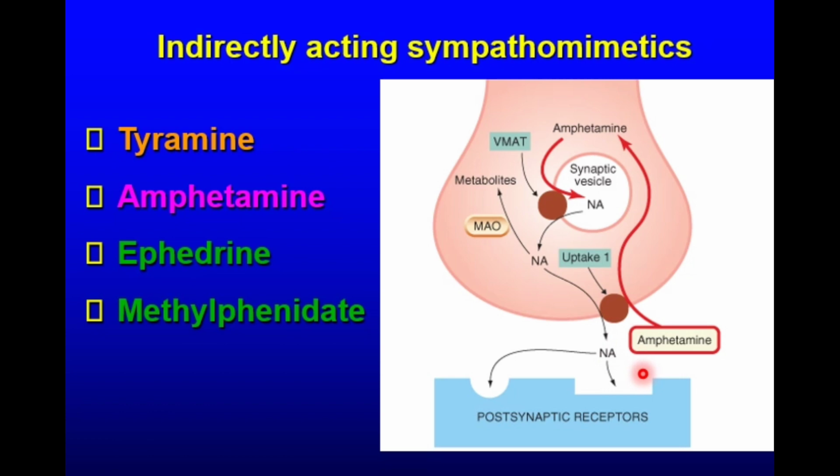Noradrenaline release evoked by tyramine-like drugs does not require the discharge of neuronal action potential. These agents are central nervous system stimulants. Methylphenidate is clinically used for children with attention deficit disorder.